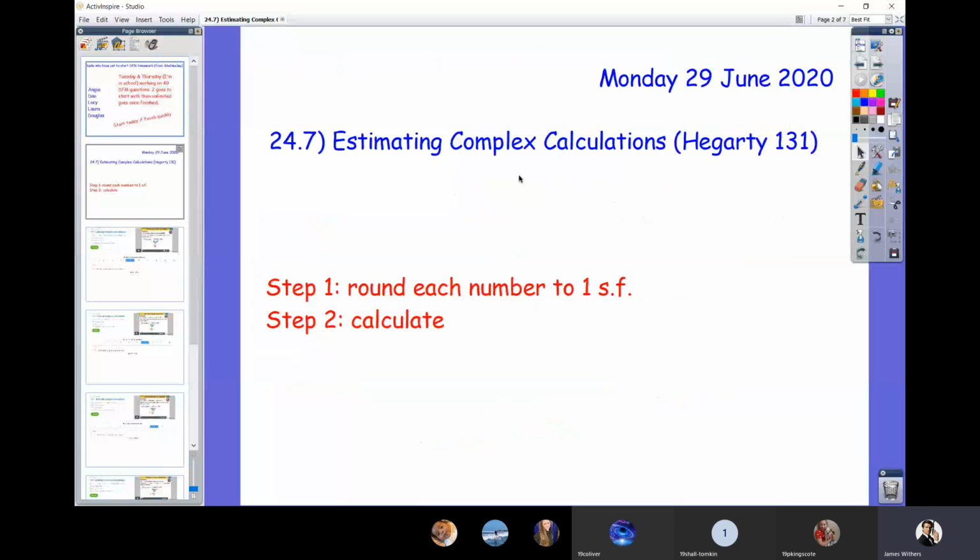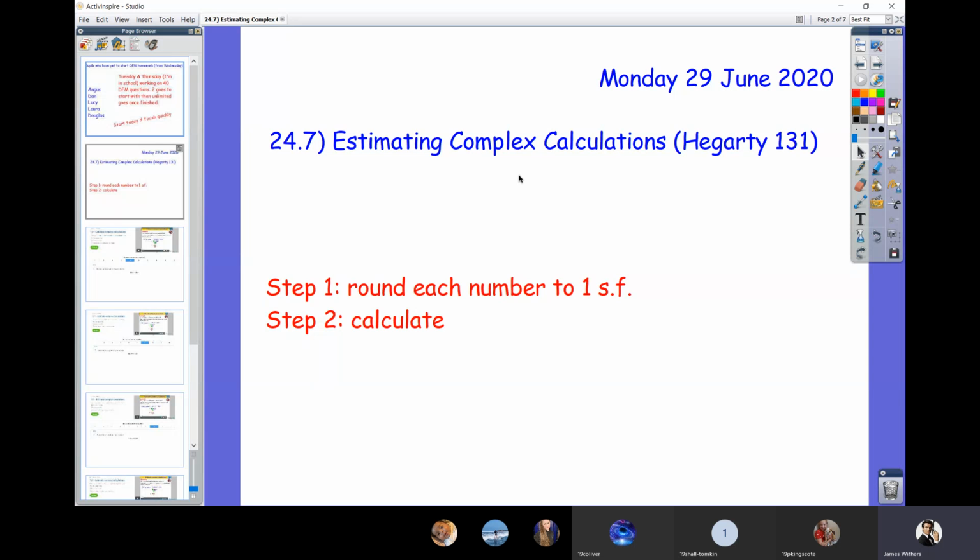So today's lesson, and it's a revision lesson again, we're going to be looking at how, through estimating, we're able to estimate complex calculations, just to give us a ballpark figure of what the answers are. So this is going to be very much building upon the work we did last lesson on one significant figure. In short, you've got to get two things into your mind.